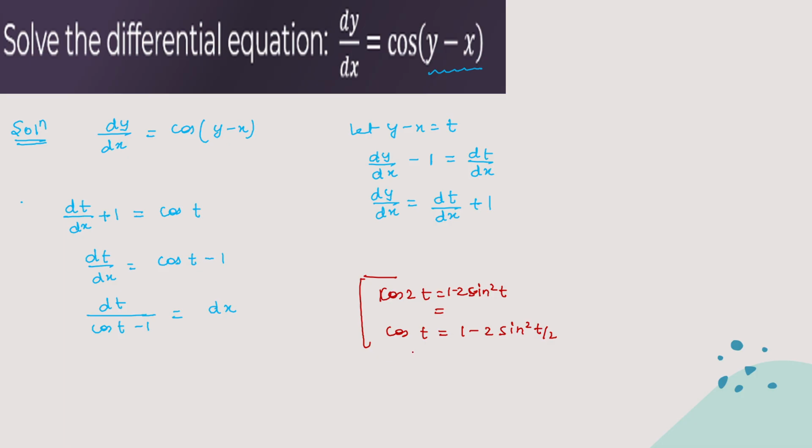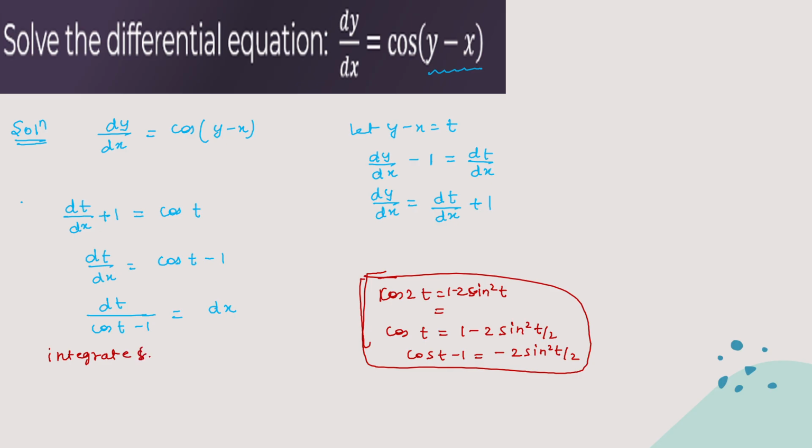So simply cos t minus 1 value will become minus 2 sine square t by 2. Okay, just put this value here. So first of all, integrate both sides. While doing the integration, just replace cos t minus 1 as minus 2 sine square t by 2, is equal to integration of dx.